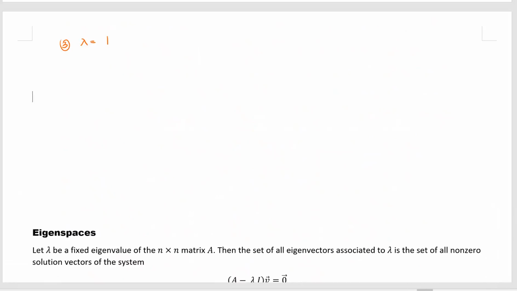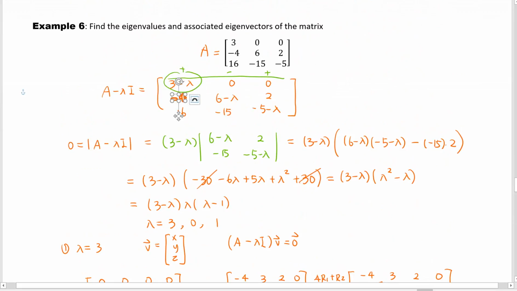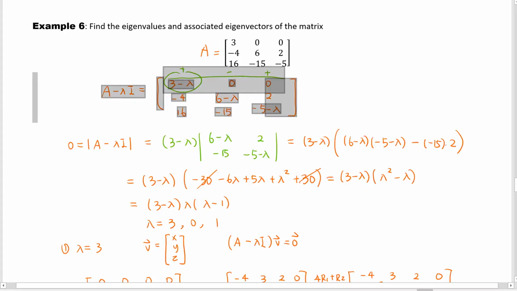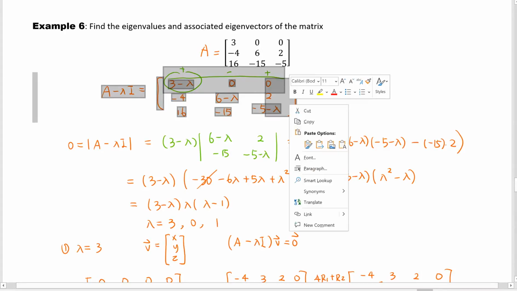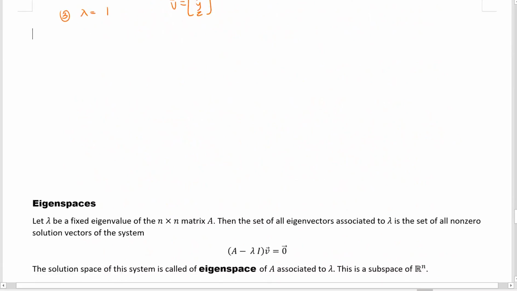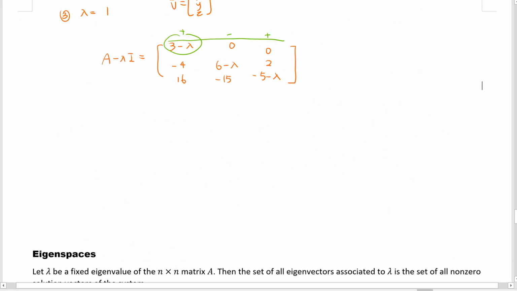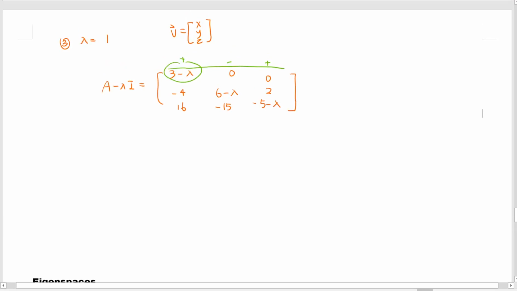So in that case, v is still x, y, z, but then A minus lambda I, well, A is, so keep that in mind. This is A minus lambda I. How can I copy the whole thing here? I can copy here, paste. All right, so keep that in mind.